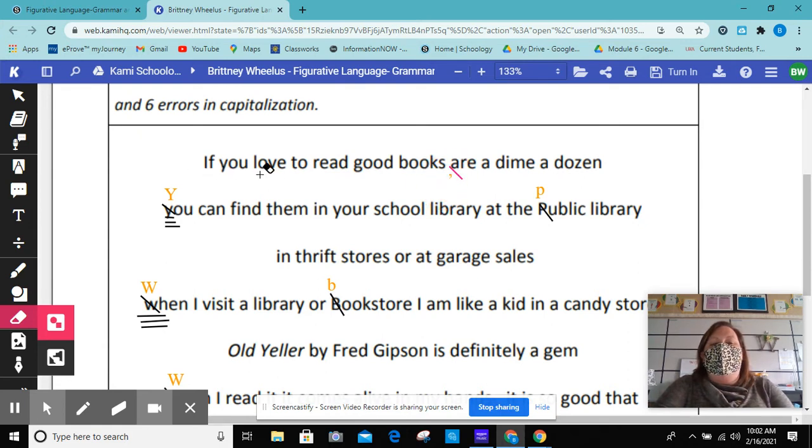Because if you love to read good books, what I'm telling you is that this is a dependent clause here, and normally you would put a comma.